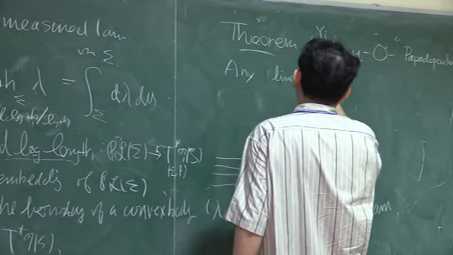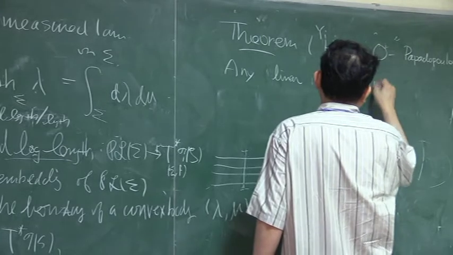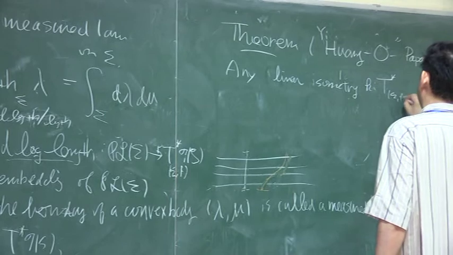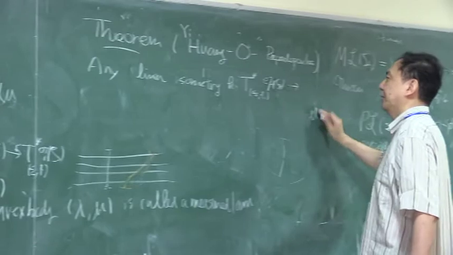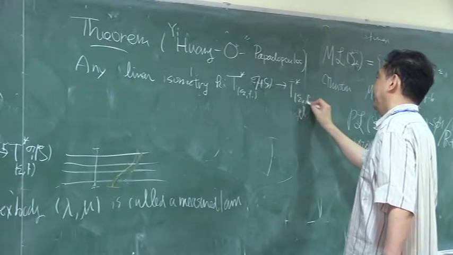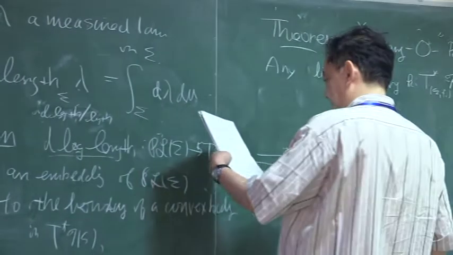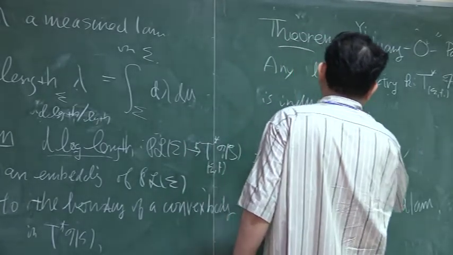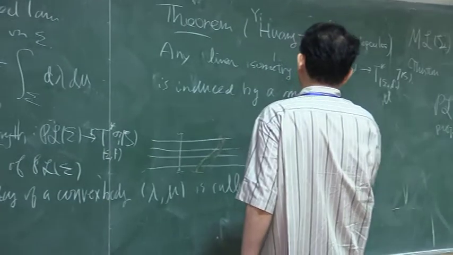So any linear isometry K from the cotangent space of the Teichmüller space at one point to the cotangent space at another point of the Teichmüller space is induced by a mapping class.